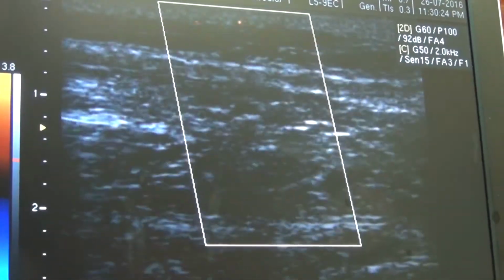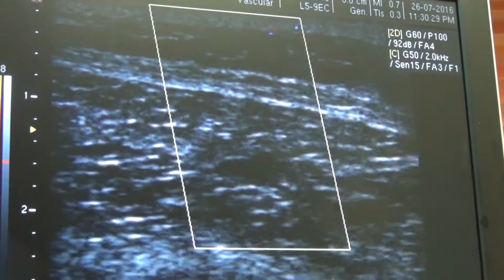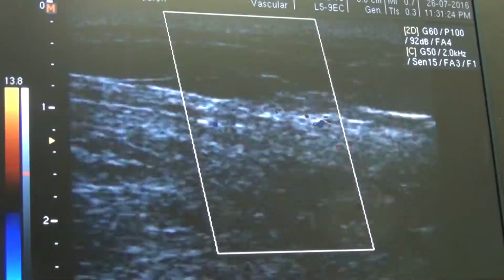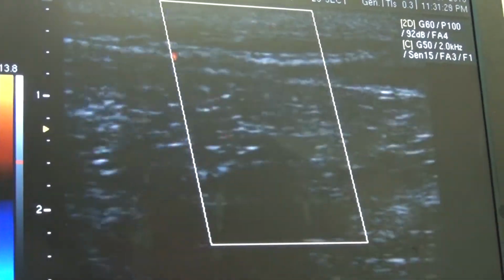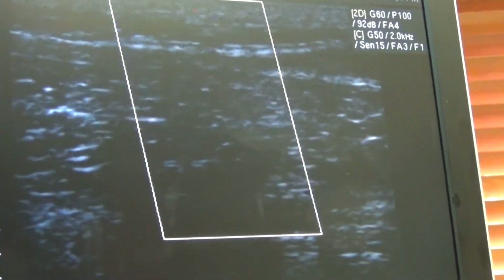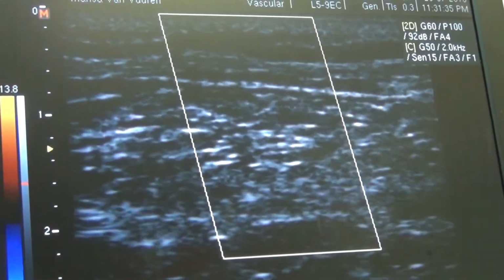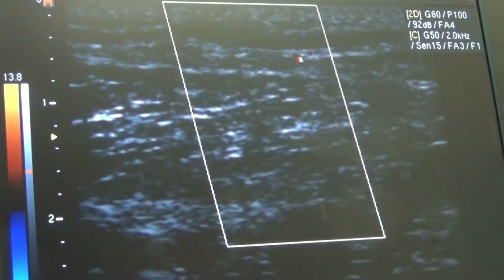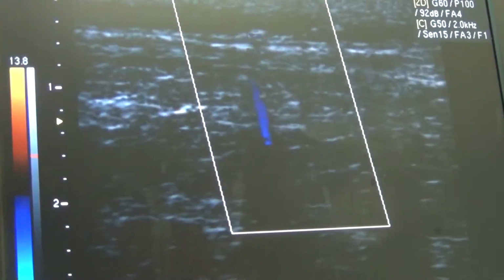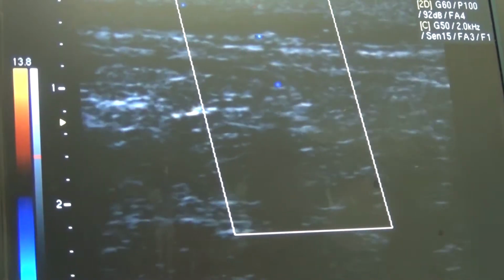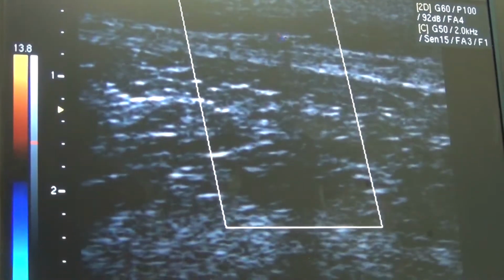Notice the flow seems to have abated. What we are seeing, just to go back to where our cannula is in situ, by wiggling the cannula in the great saphenous vein, we can confirm where it is. You'll also notice that there is still the attempt there to fill with an arterial component.